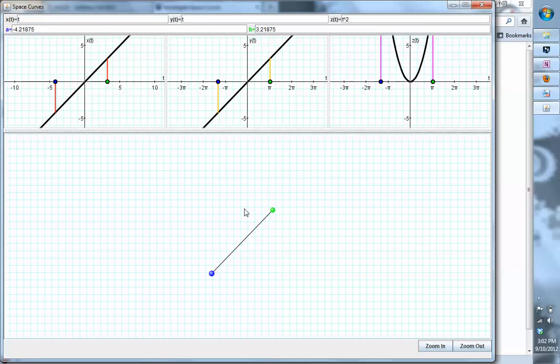Now, from this perspective, there's stuff that's hidden from me. What I don't see is the fact that the z coordinate is actually dropping away from me, although I can see the dot getting smaller, near the bottom, and then the dot's going to start getting bigger as it comes back towards me. But I don't see that really from this perspective.